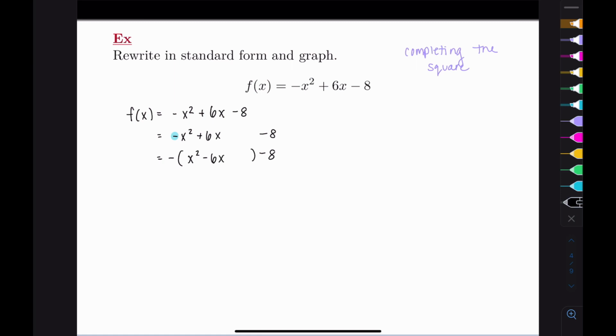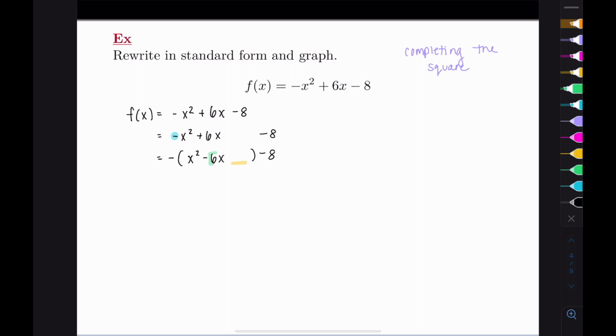Okay. What I want to do is figure out what number I can fill in here so that I end up with x plus something squared or x minus something squared. And the way we're going to find that is a very specific way.